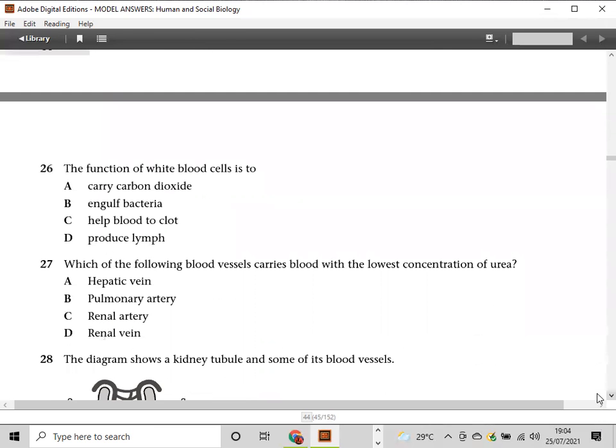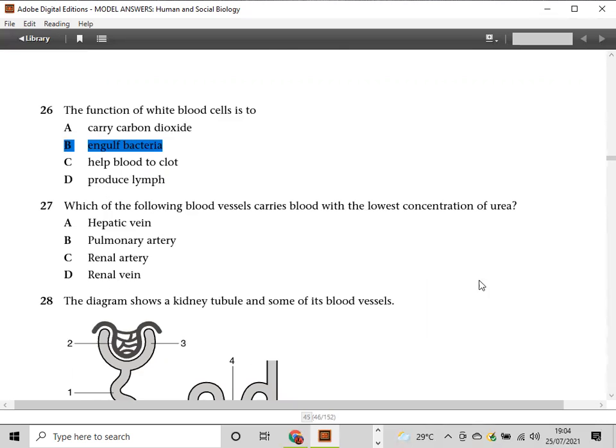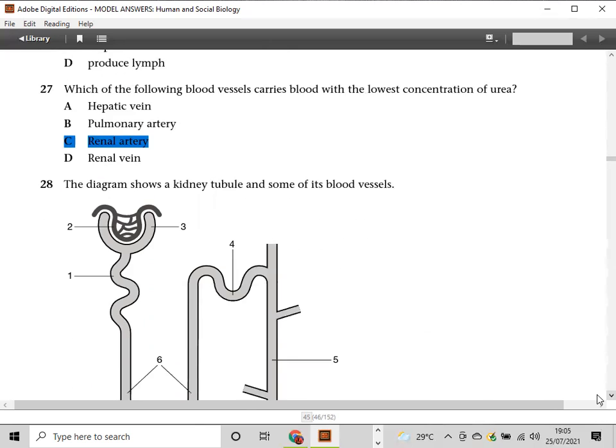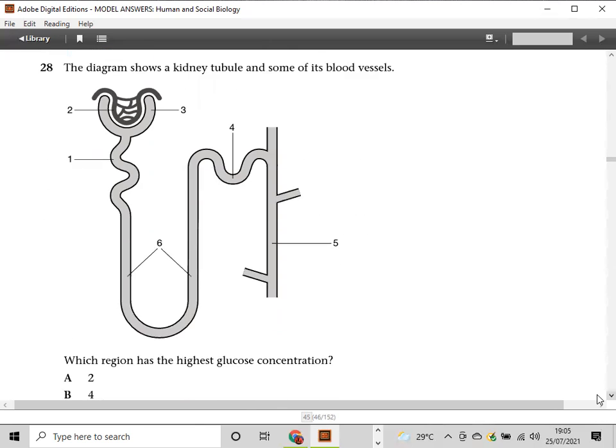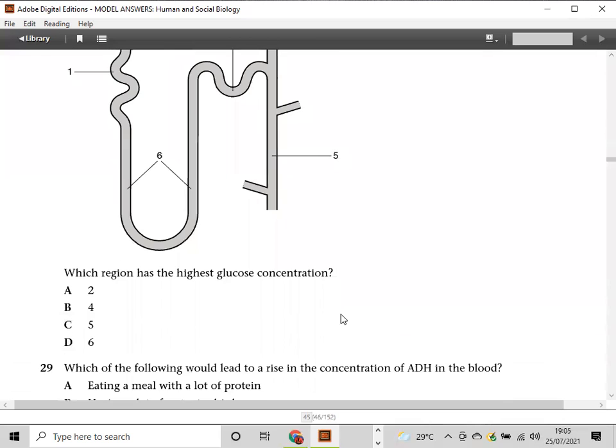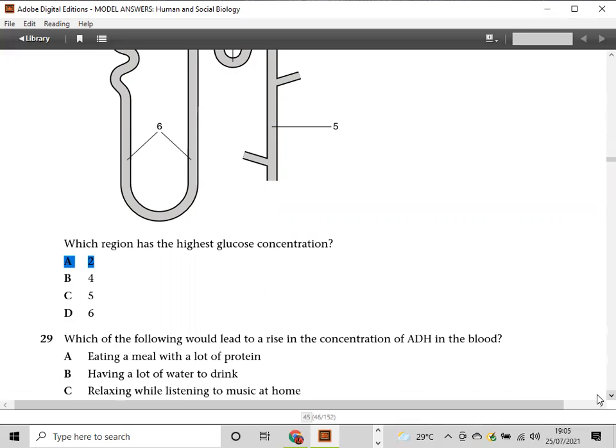On to 26, the function of the white blood cell is to engulf bacteria. 27 is B, renal artery. And 28, I'm just going to give you the answer for 28. It's A, 2, region with the highest glucose concentration.